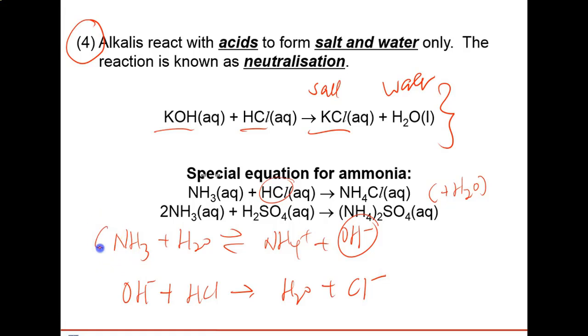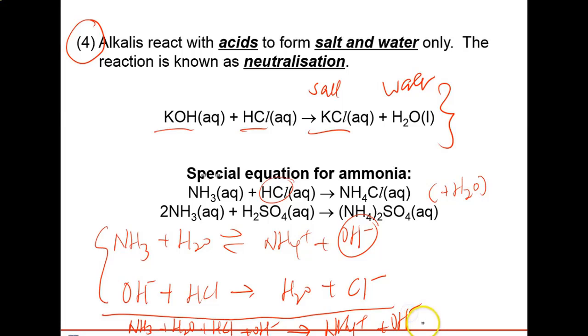So when I combine these two equations together, what do I get? I have NH3 + H2O + HCl + OH-, giving us NH4+ + OH- + H2O + Cl-.